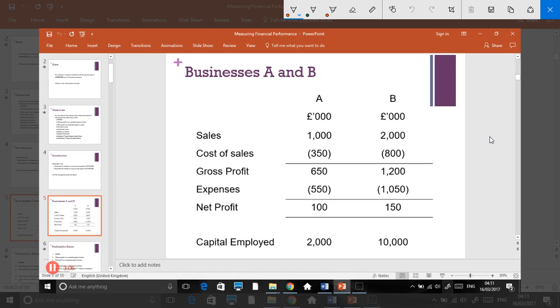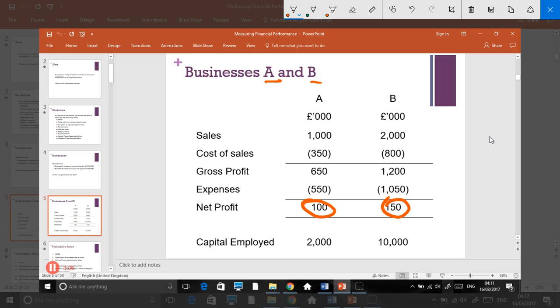What we have here is business A and B, and we can see that business A has a net profit of 100,000 and business B has a net profit of 150,000. Just by looking at the numbers, you probably would want to say that B has done better than A. But let's see what's really happening here.